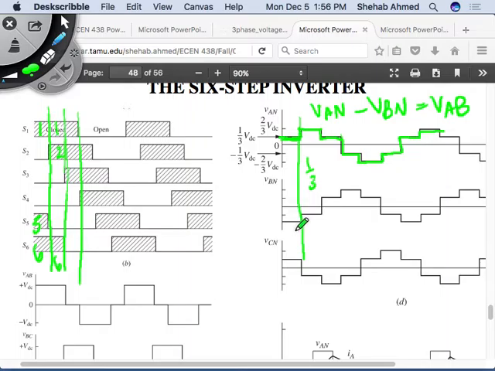How about VBN? Negative 2/3. So VAN minus negative 2/3 is equal to 1, right? So VAB here is 1 during the first switching state. Okay? Do we agree? Do we see the relationship between the switching pattern, the phase voltage, and the corresponding line voltage?